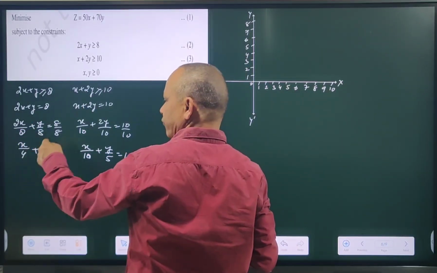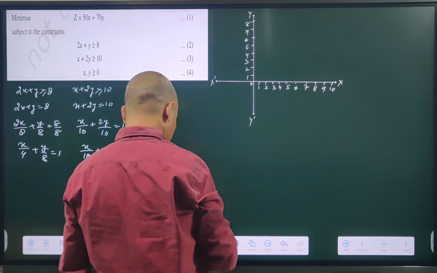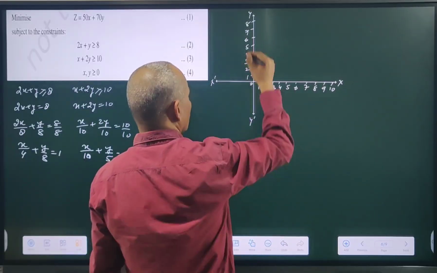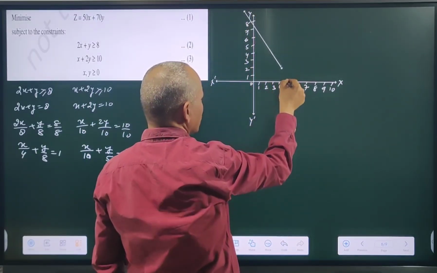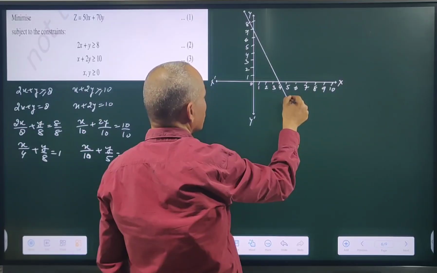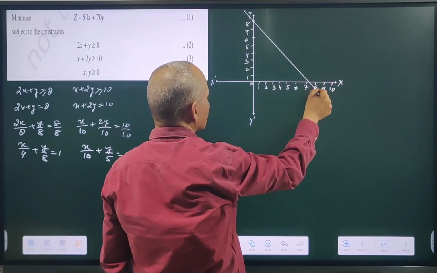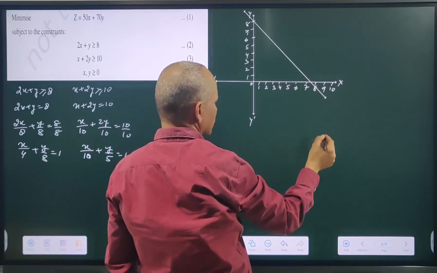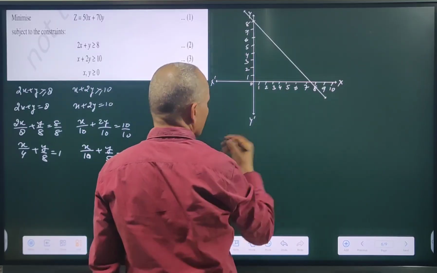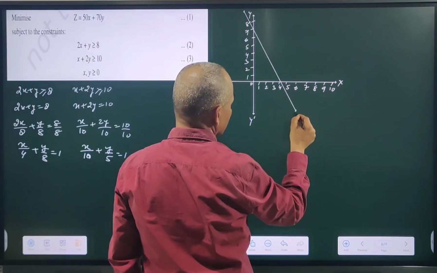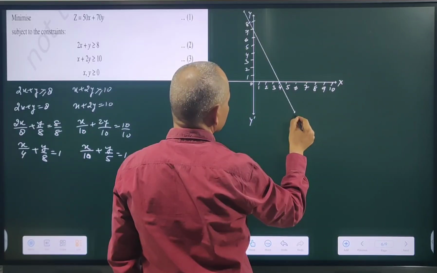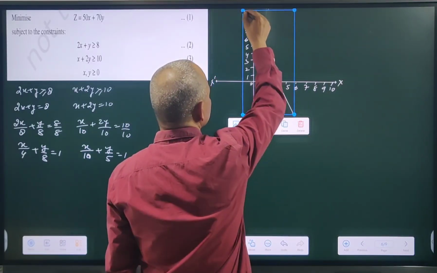On x, mark 4, and on y, mark 8. So it will be somewhere here.